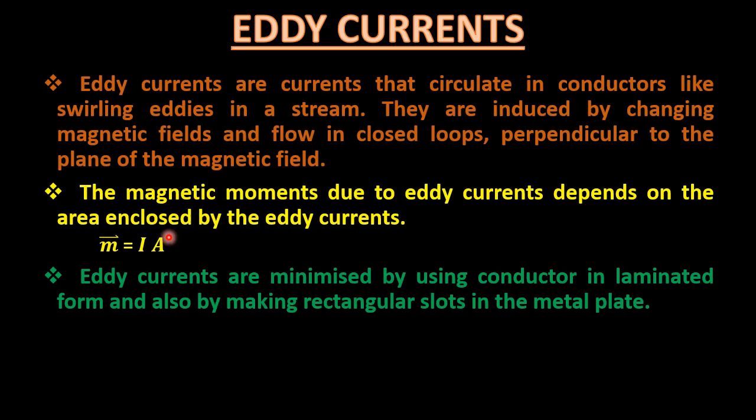Eddy currents are minimized by using conductors in laminated form and also by making rectangular slots in the metal plate. In order to reduce these eddy currents, either we use a conductor in laminated form, meaning layer by layer insulated from each other, or we make rectangular slots in the metal plate. So this is the way to reduce the eddy currents.